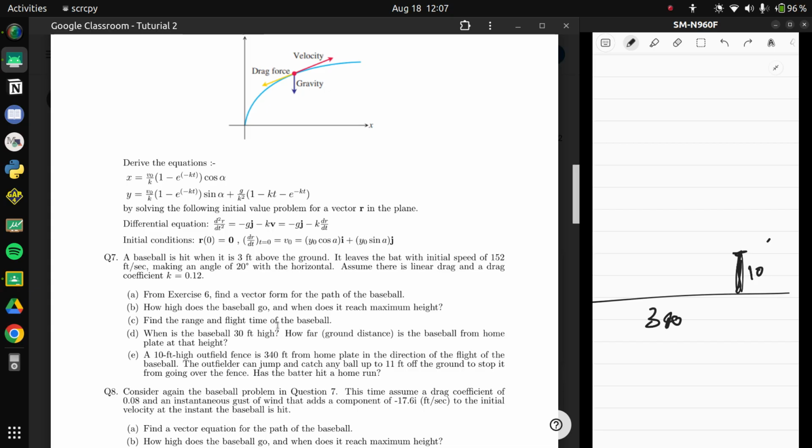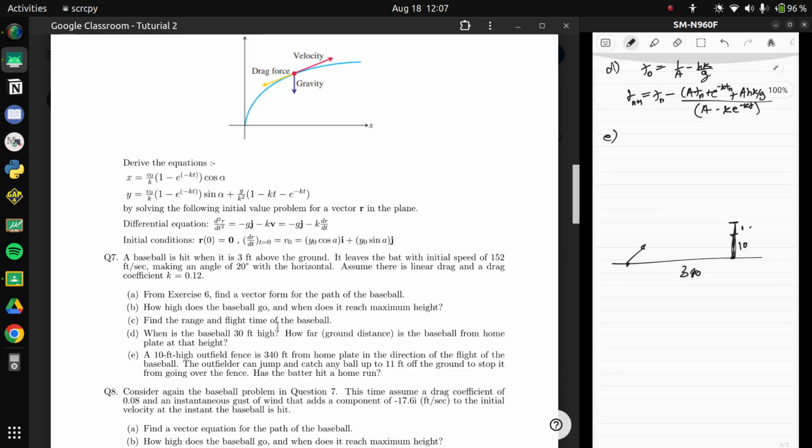So it's an outfielder, right? So I'm assuming he's at the fence. So it will just be one more foot that the ball has to pass. So if the ball passes something like this, then you're done, pretty much. So the only thing that we really have to look for is whenever x is equal to 340, your y should be bigger than 11.